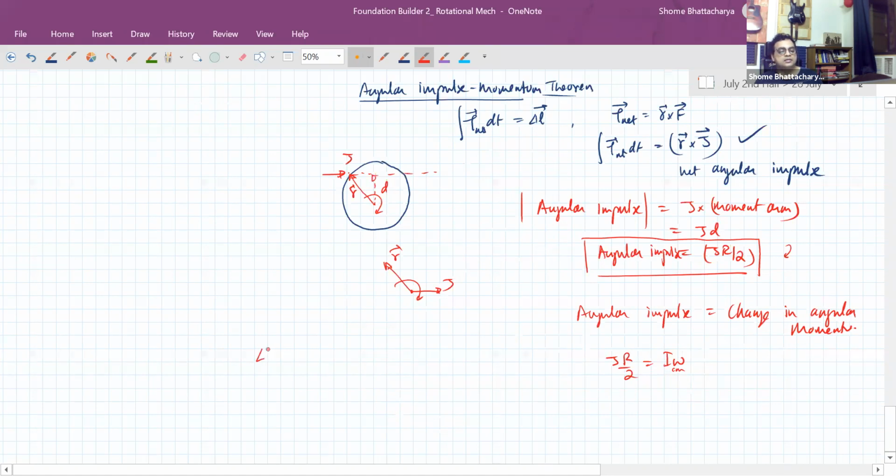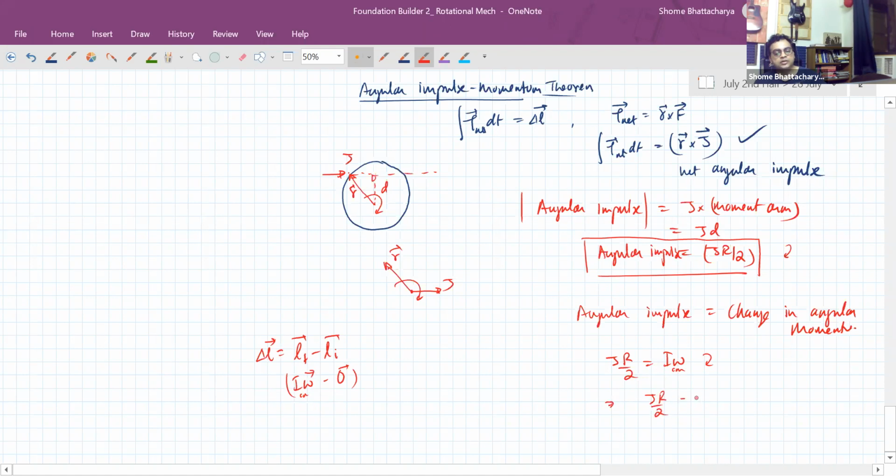So delta L is the final angular momentum minus the initial angular momentum. The initial was 0 and the final is I omega. So the change in angular momentum has this magnitude and it's clockwise.